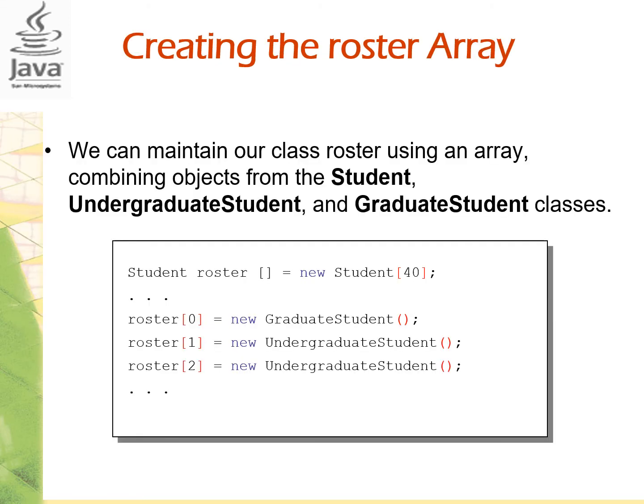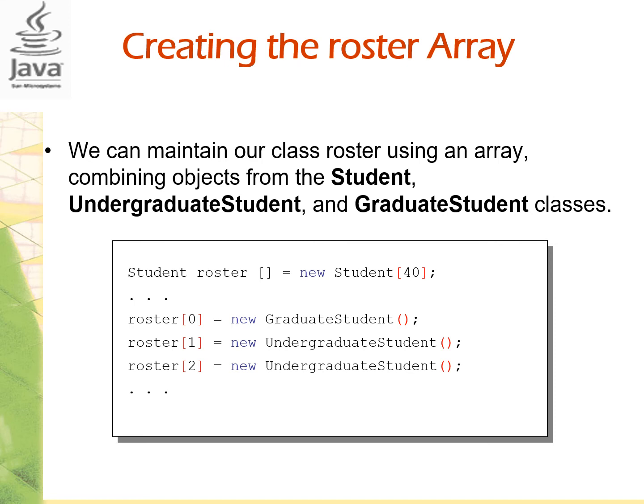Let's see its application in the form of an array, whereby when you first declare the array, the type is Student and the size is 40. But along the way, when you assign values inside the index of the array, the data can be objects of the types of the subclasses.